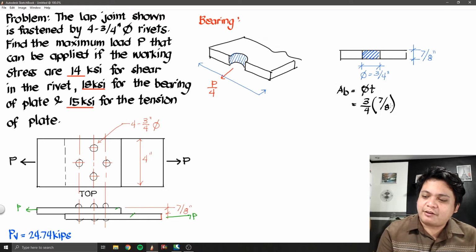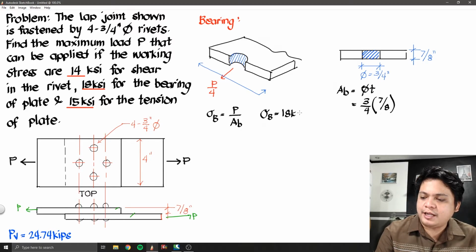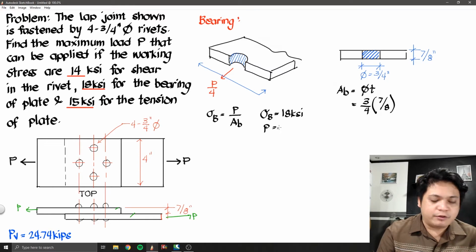So, again, meron akong force. So, para makuha natin yung bearing stress, we will be having here bearing stress, and that is P all over the area of the bearing. Okay? So, again, meron tayong allowable bearing which is 18 KSI. And then we have the P equals to P all over 4. Okay, and then the area.